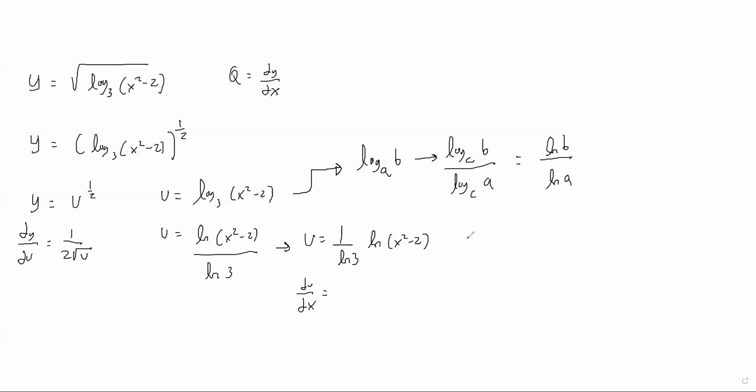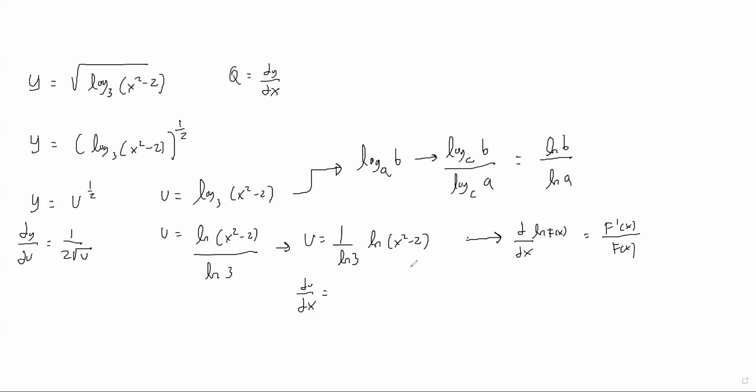As you may know, if we want to differentiate ln f(x), we use the regular derivative rule for ln, which gives f prime of x divided by f of x. In this case, f(x) is x squared minus 2.